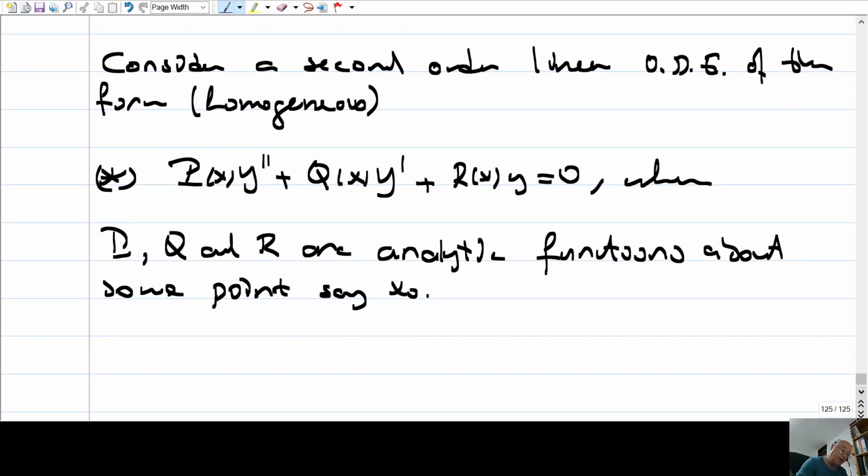So analytic means these functions have power series expansions about x0 with positive radius.